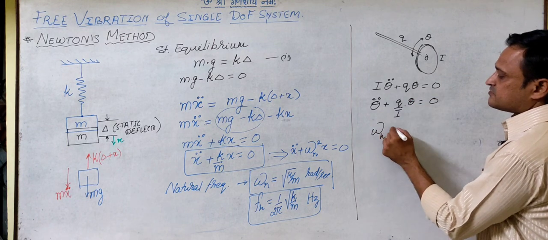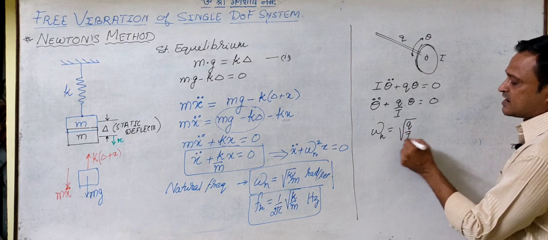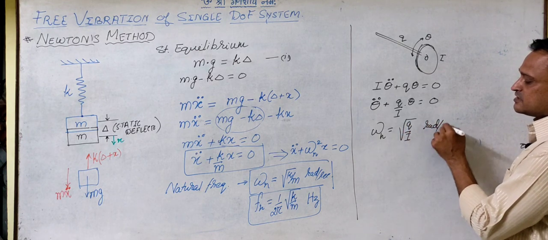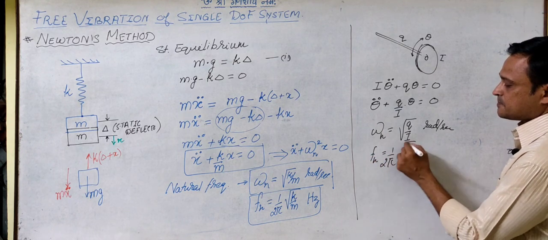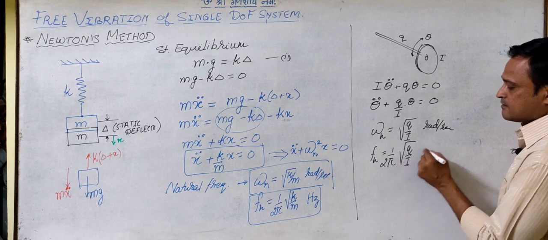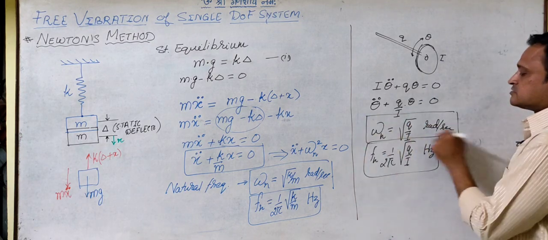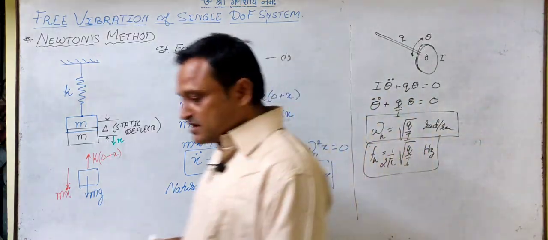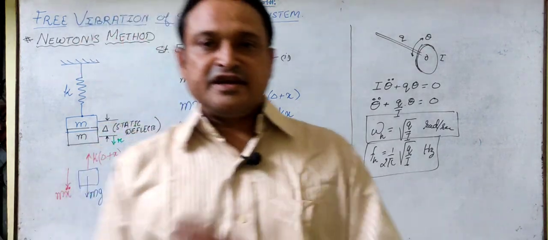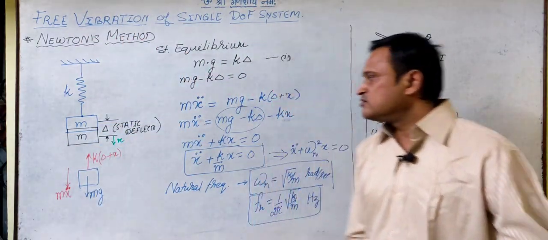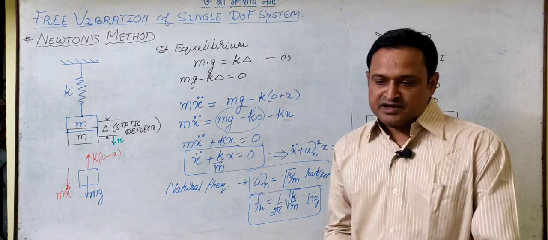So the natural frequency, again we can say, is under root of Q by I radians per second, or natural frequency to be 1 upon 2 pi under root of Q by I. So it will have an analogy to the angular equation of harmonic motion, or the equation of motion will be the harmonic equation.